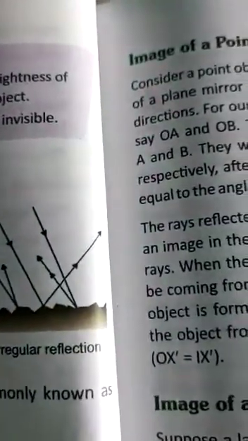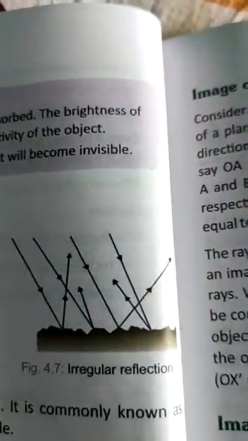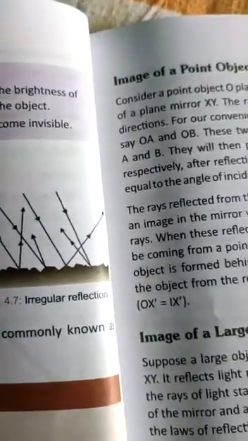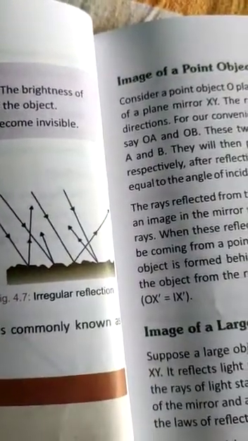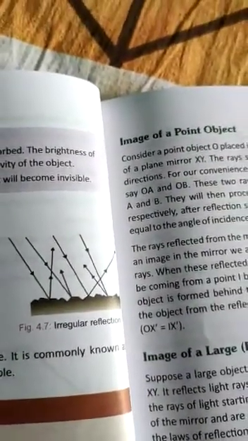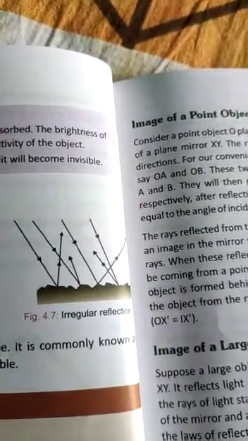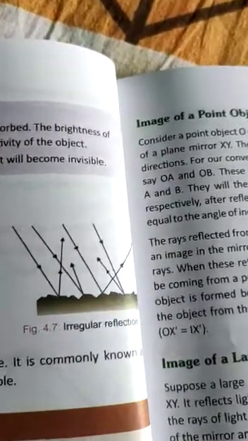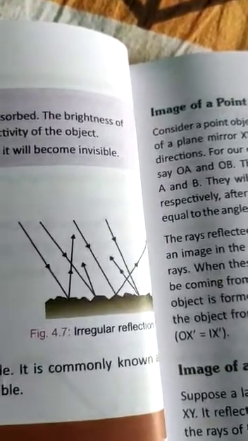See this picture. Irregular means diffused reflection. It occurs when light falls on a rough surface like a road, door, ordinary floor and a table, meaning a rough, uneven surface. Such a surface might look smooth, but if we observe closely then it appears rough.